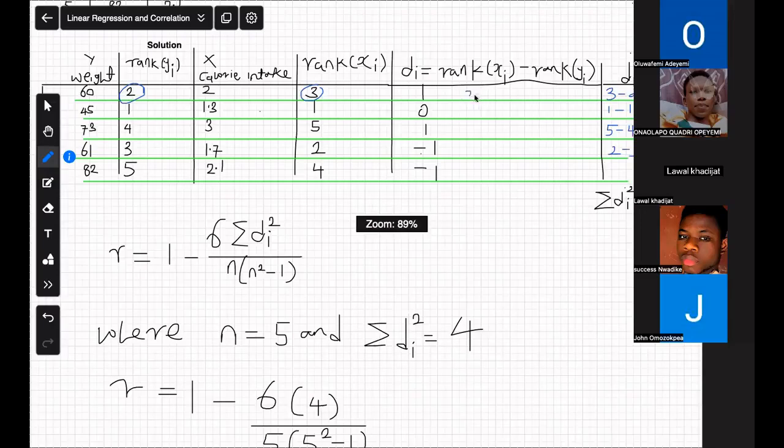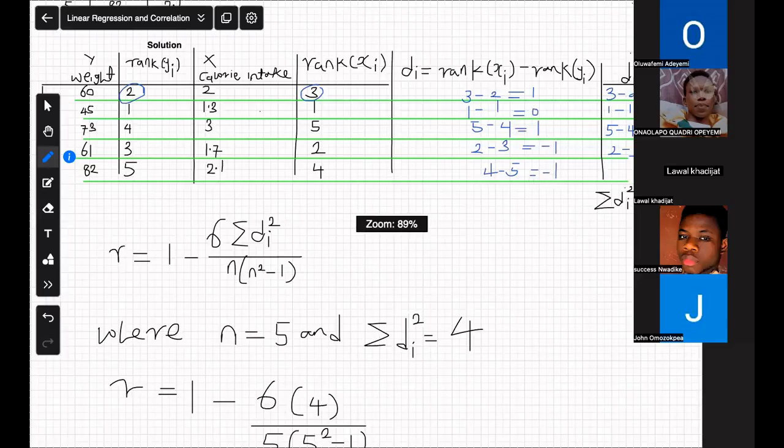It should have been 3 minus 2, 1 minus 1, 5 minus 4, 2 minus 3, 4 minus 5, and if you permit, you may erase these ones. Right, equal to 1, equal to 0, equal to 1, equal to minus 1, equal to minus 1.